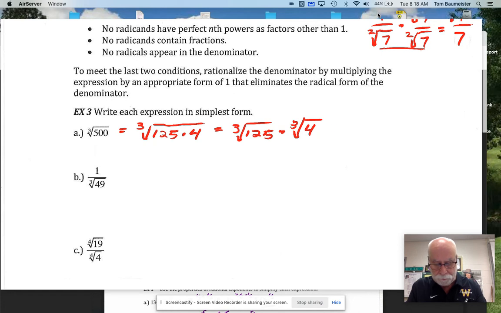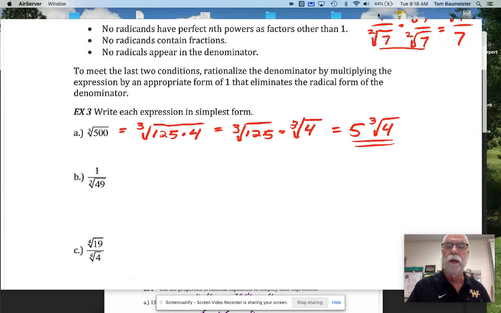The cube root of 125 is 5, and I can't do anything more with the cube root of 4, so that stays there. What you're trying to do is get a whole number somewhere if you can.